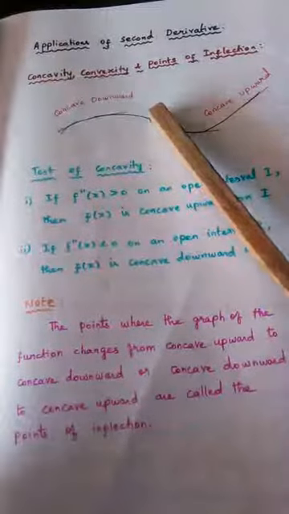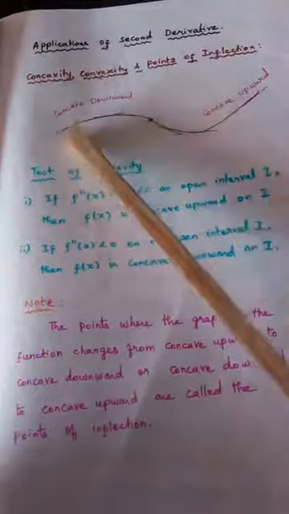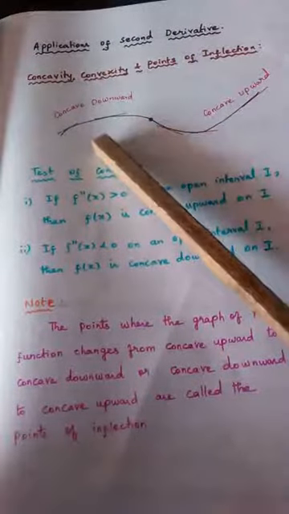In the first part up to this point, the curve lies below the tangent line. In such a case we say the curve is concave downward. If the curve lies below the tangent, it is called concave downward.